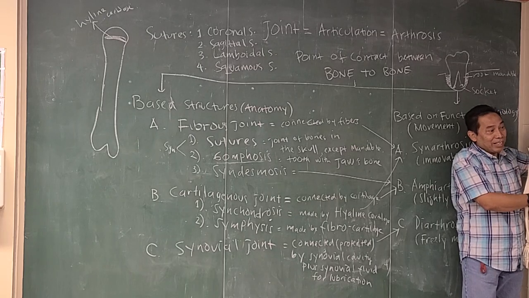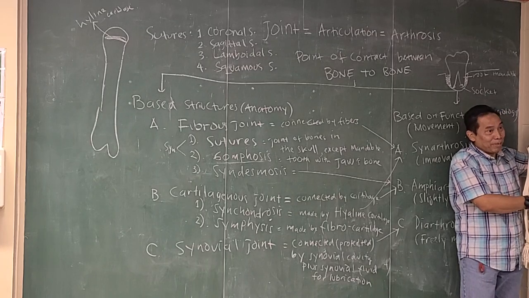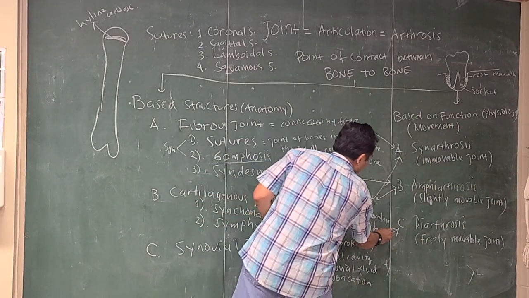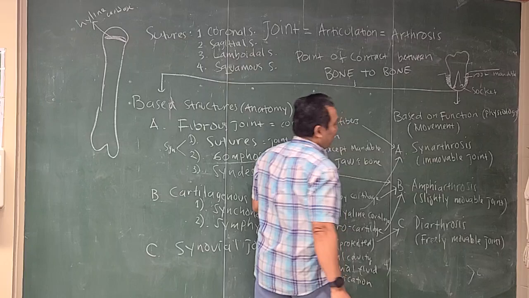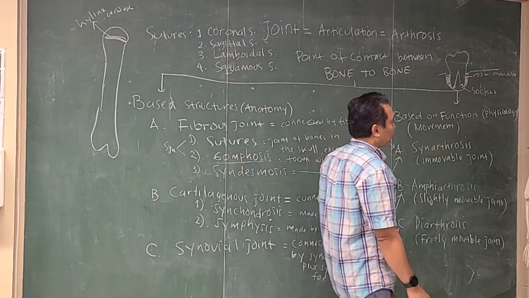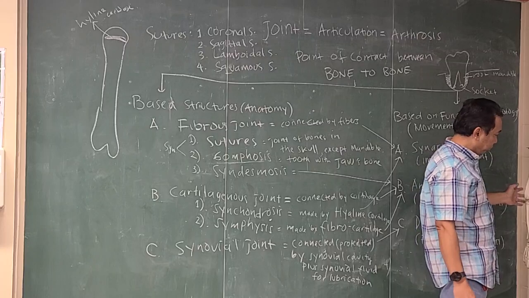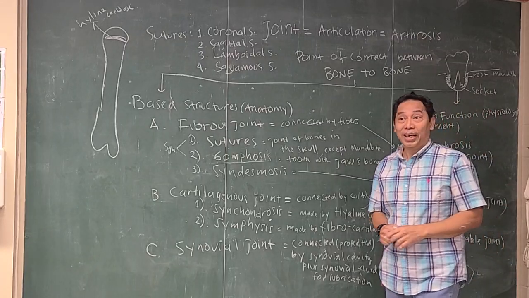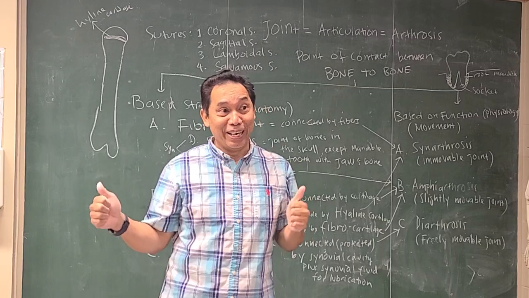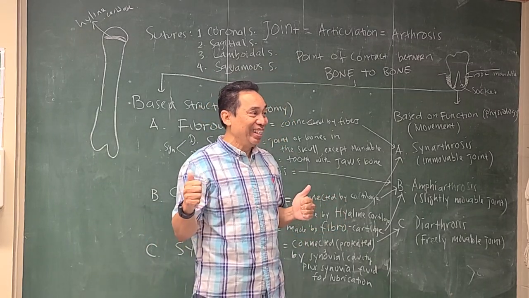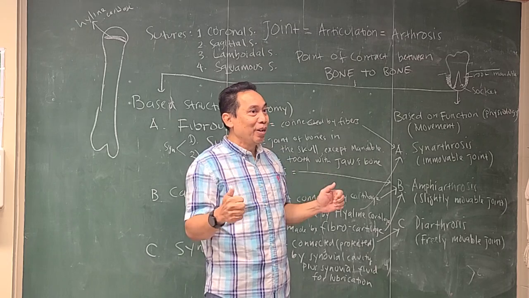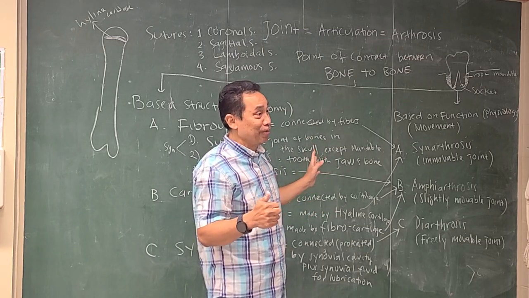Free or slightly? Slightly movable. So the symphysis over here is amphiarthrosis. See, it's not that difficult, right? You know the name of the bone, the name of the joint, and the type of movement, whether synarthrosis or amphiarthrosis.